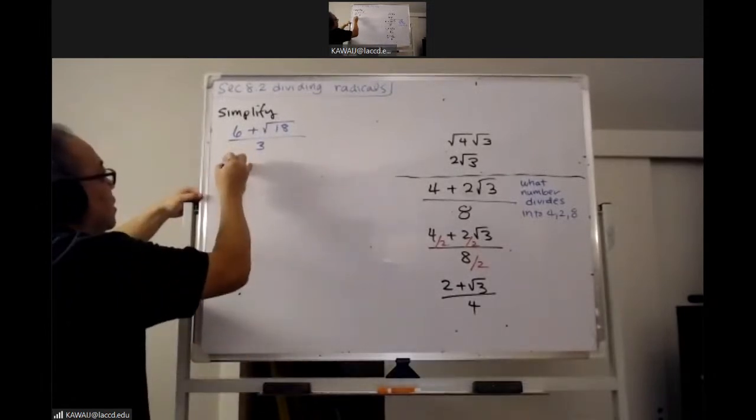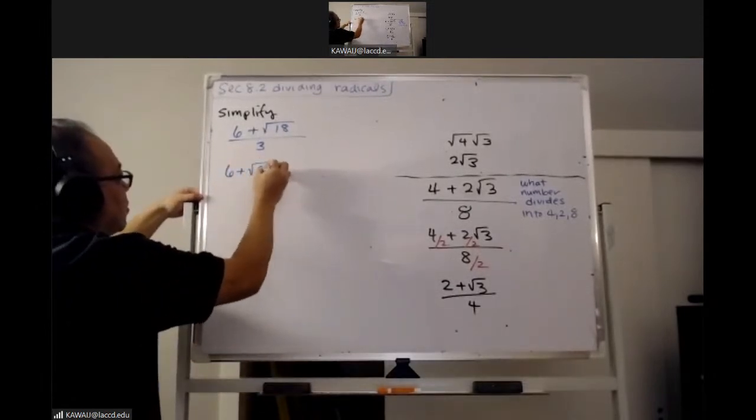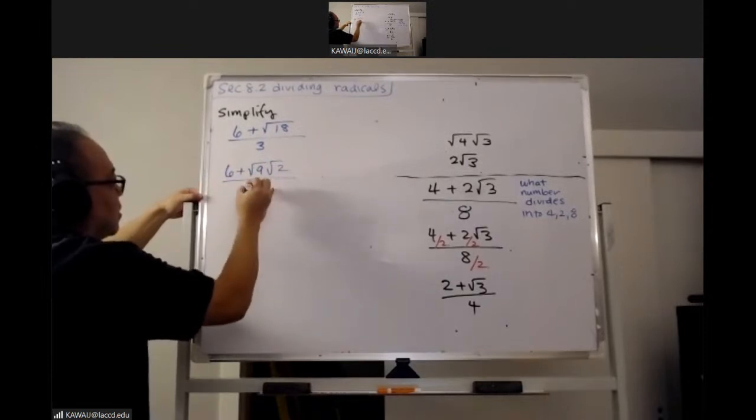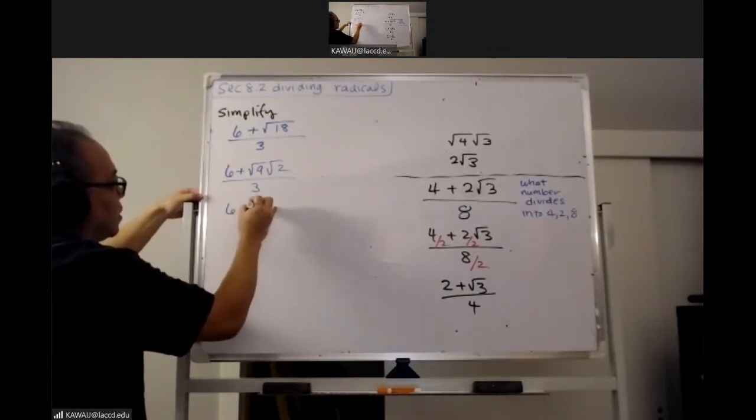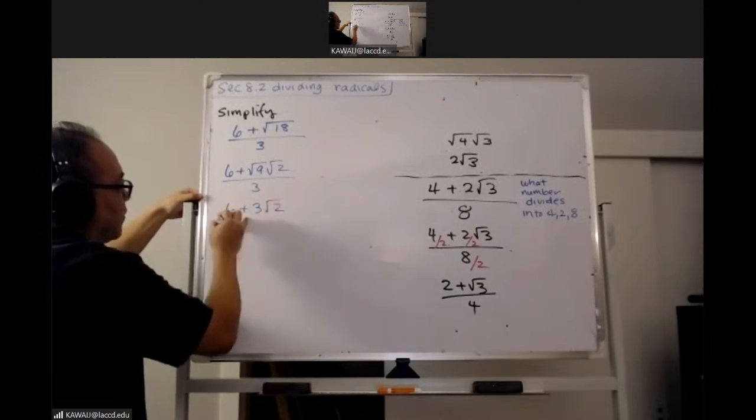So we're going to get 6 plus square root of 9, square root of 2. 6 plus 3 square root of 2 divided by 3.